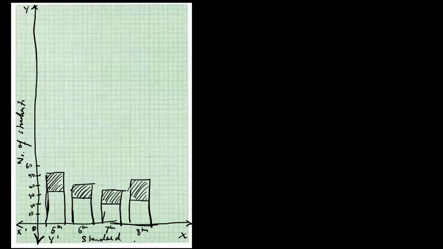Someone is asking, can we draw different bar for boys and girls? No, you cannot do that. In subdivided bar diagram, we have to divide the same bar into two parts.